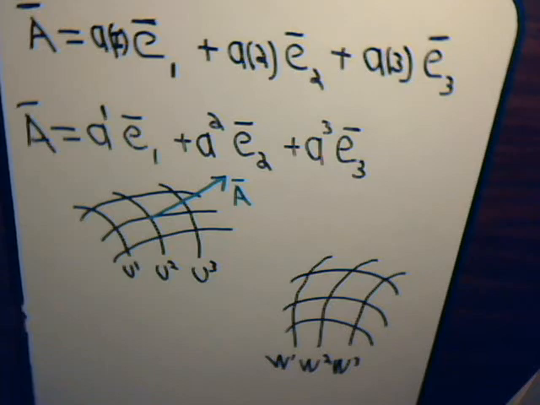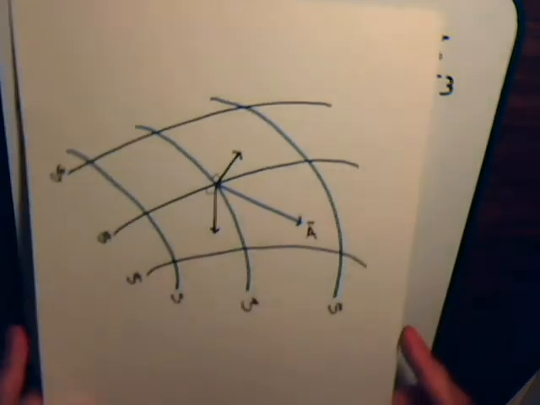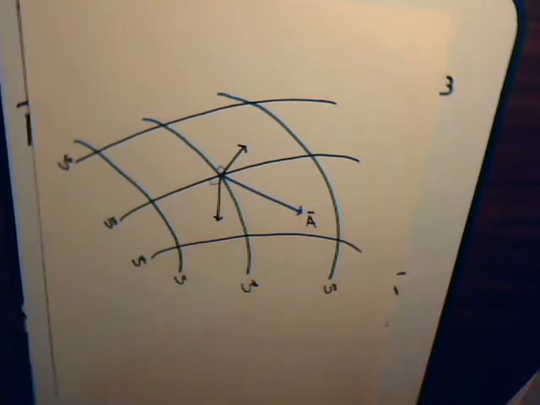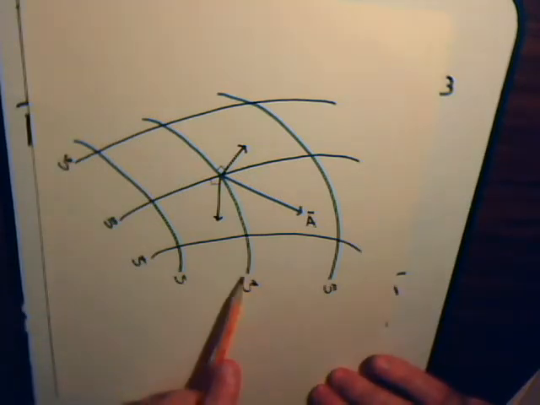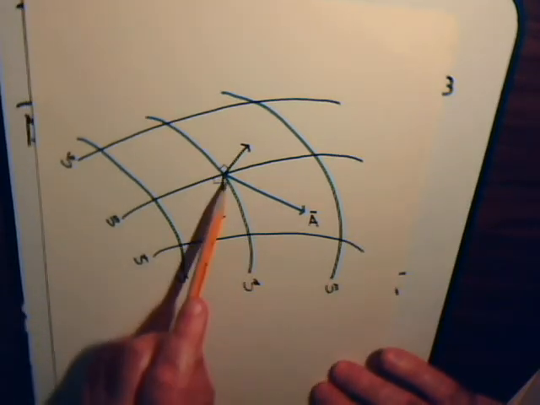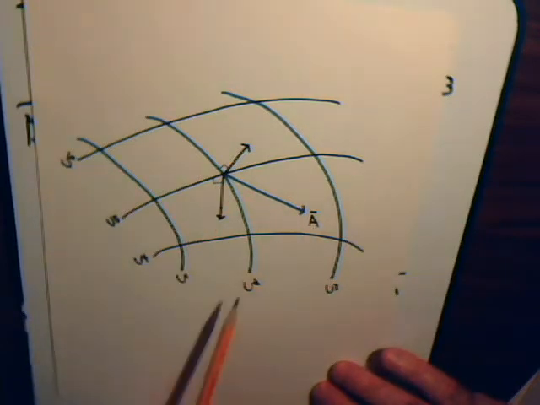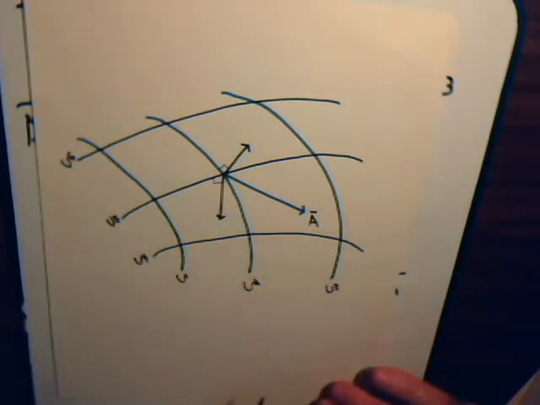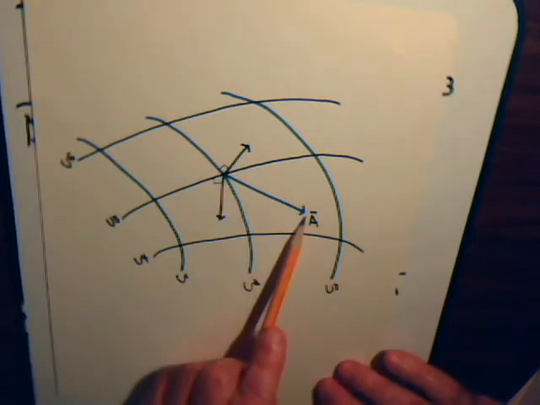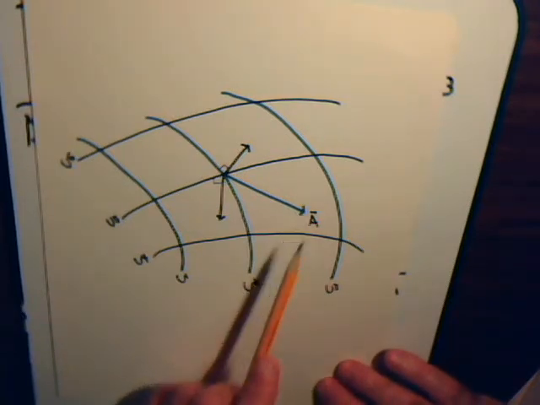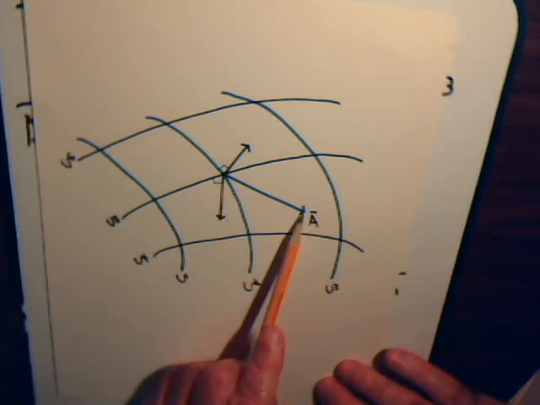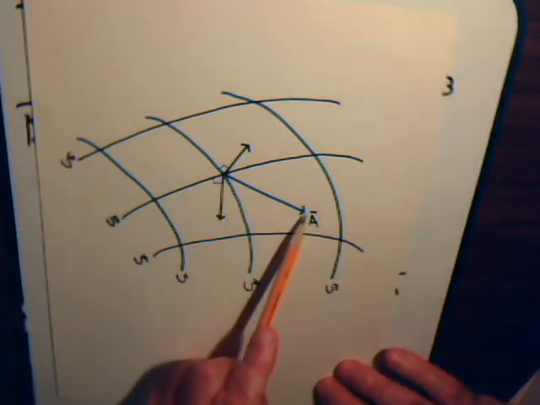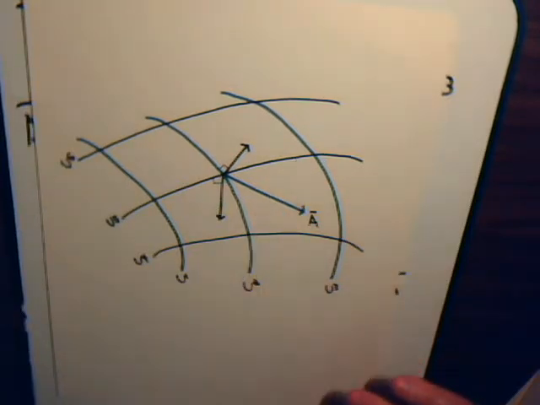Now, we have just a few minutes left here. Let's say that this is our set of coordinate axes, U1, U2, U3. Here's a vector A, and let's just consider the U2 and the U5 coordinate axes. So vector A could be written as the sum of its components along U2 and along U5.